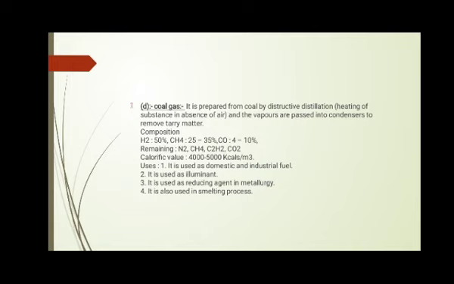Next one, coal gas. It is prepared from coal by destructive distillation, and the vapors are passed into a condenser to remove tarry matter. Composition of coal gas: hydrogen 50%, methane 25 to 35%, carbon monoxide 4 to 10%, remaining nitrogen, acetylene, carbon dioxide.